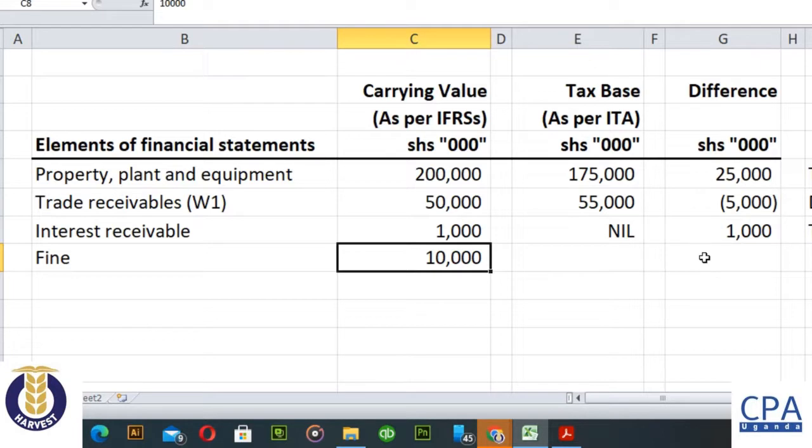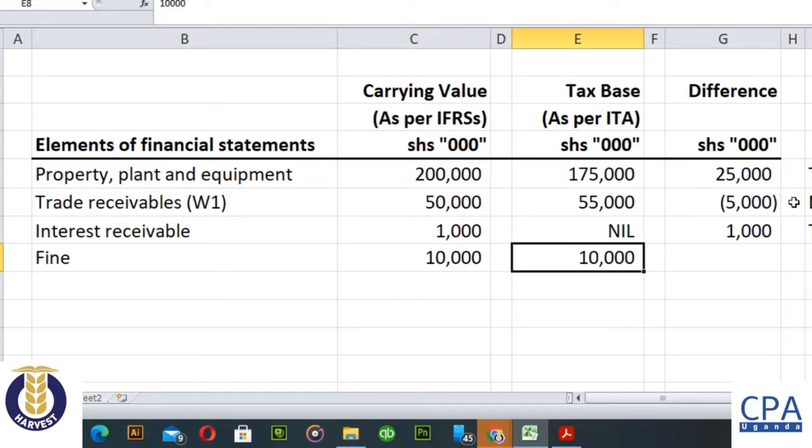Now, for deferred tax computations, as I mentioned, there is nothing you can do about permanent differences. You cannot provide for them. So there is no value for the difference for such elements that cause permanent differences. What we do when calculating deferred tax is equate the tax base and the carrying value so that the difference comes to zero.